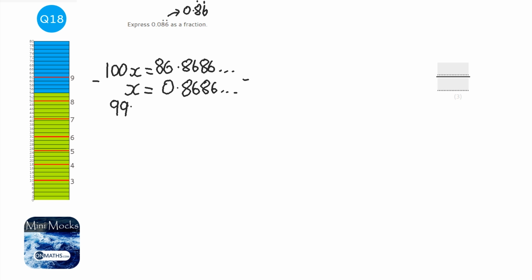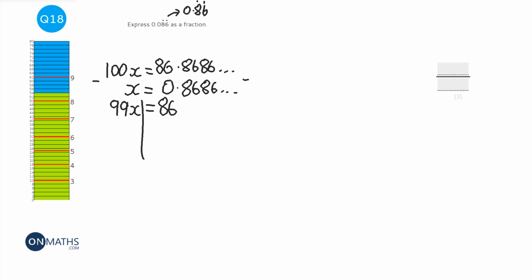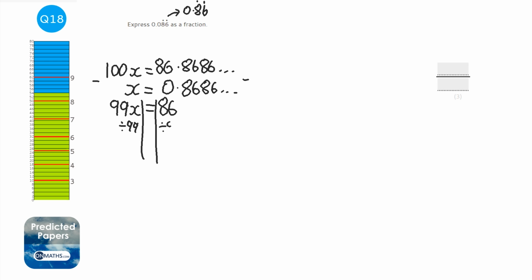So 99x, because it's 100x take away x, which is 99x, and it's 86 point recurring pattern take away 0 point recurring pattern. The recurring patterns take away. So we're just left with 86. I'm then going to divide both sides by 99. So it's x equals 86 over 99.